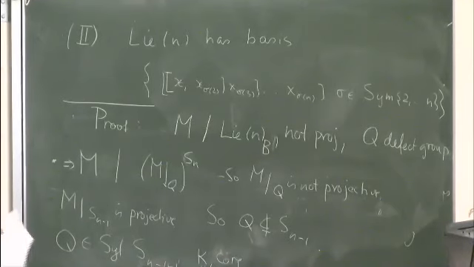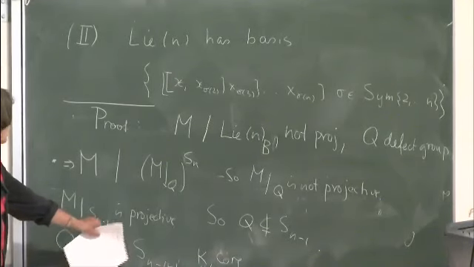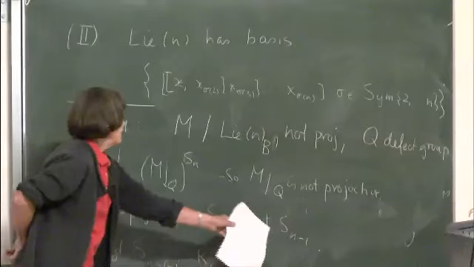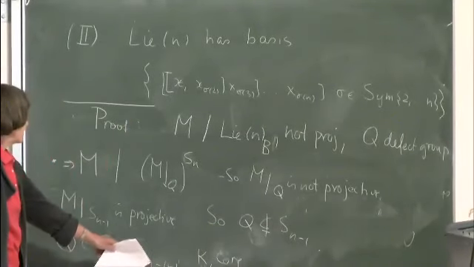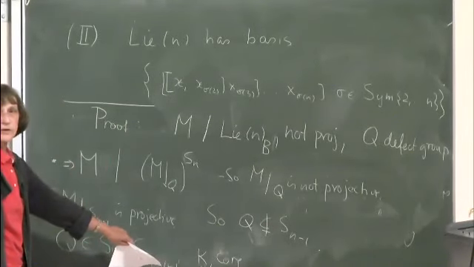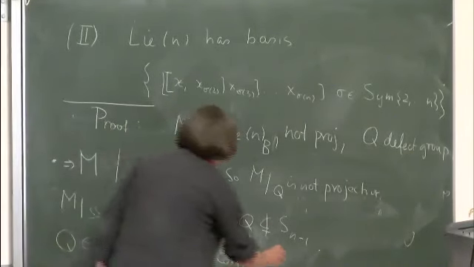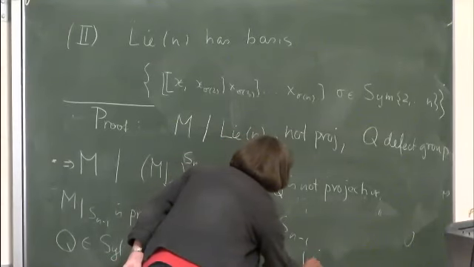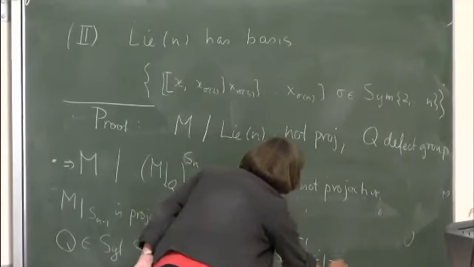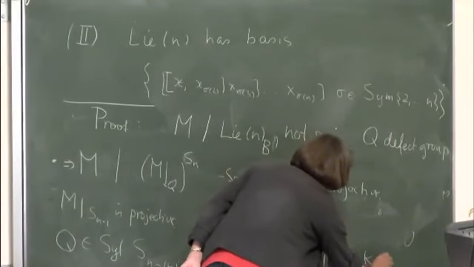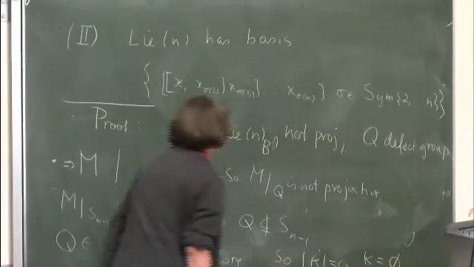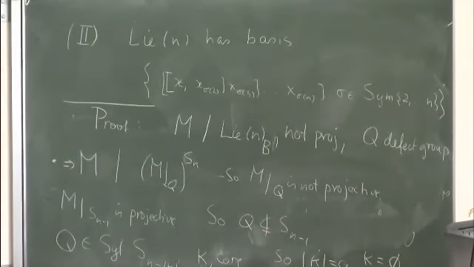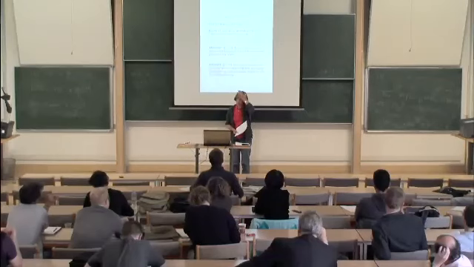So Q is a Sylow subgroup of some symmetric group, but it's not contained in Sn minus 1, and so this tells us that the core must have size 0. And so the core must be empty, and therefore the block is the principal block.